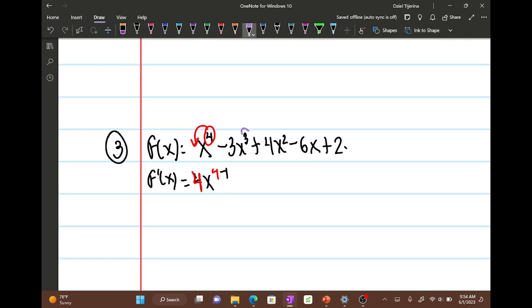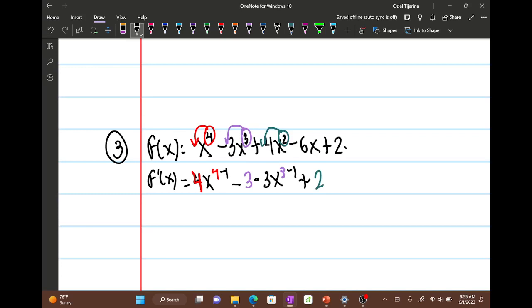And then this 3 is going to move down, so minus 3 times 3x to the 3 minus 1.